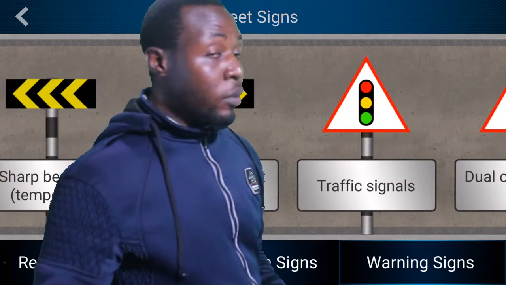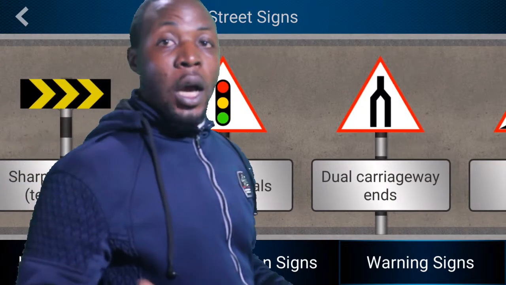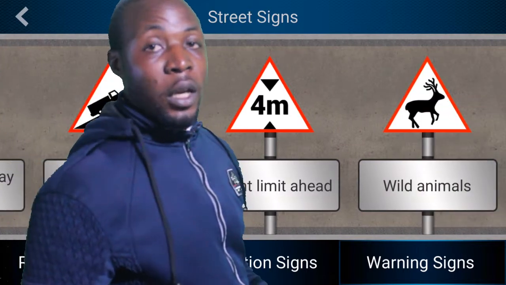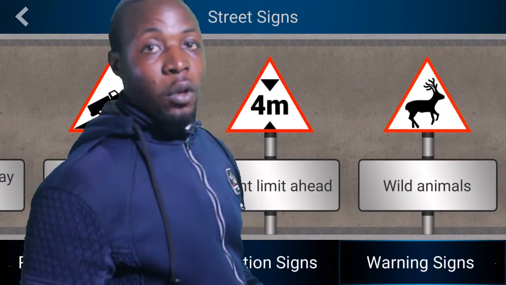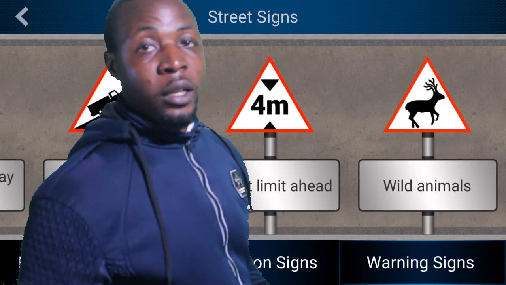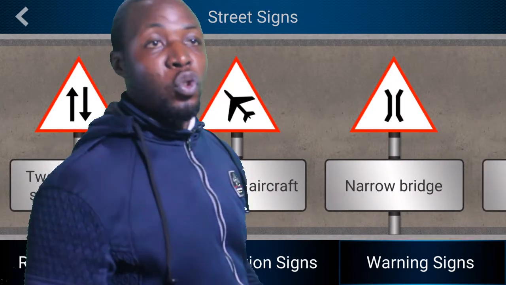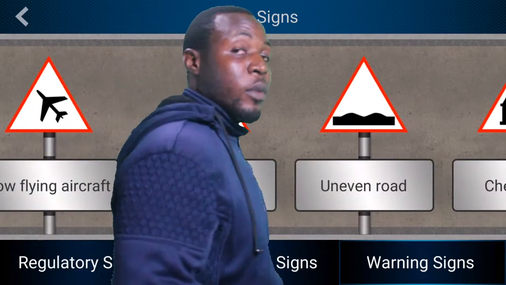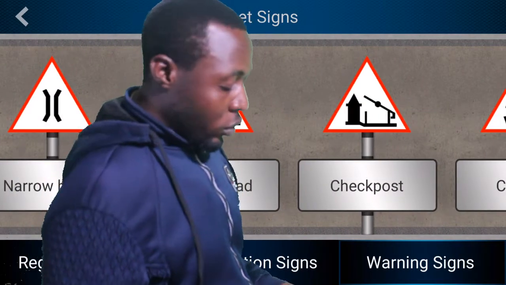And when you are driving where children or pedestrians are crossing, you have in mind that you don't have to horn them. You don't horn pedestrians when they are crossing, and you don't horn children, because a child can instead jump into the road. So you have to take good note of that.